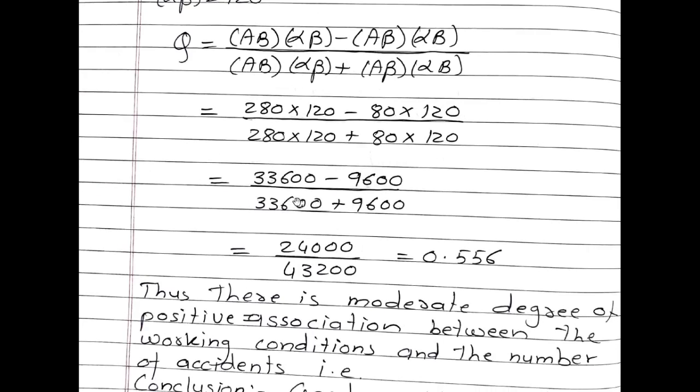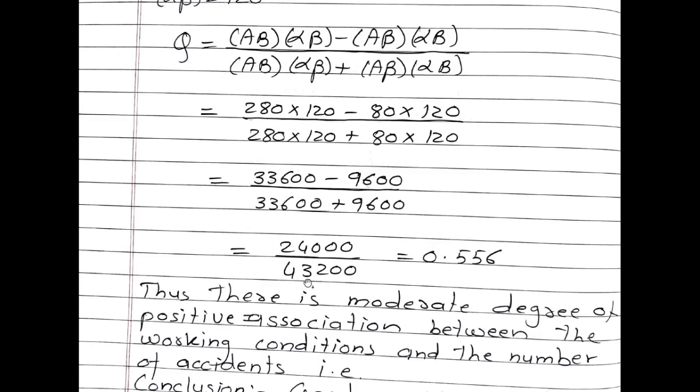So solve it further. We are getting this is equal to 33,600 minus 9,600 divided by 33,600 plus 9,600. So the final answer becomes 24,000 divided by 43,200.